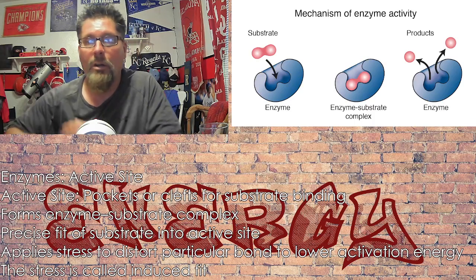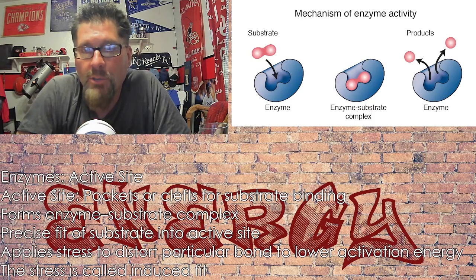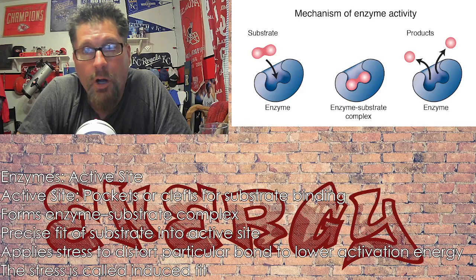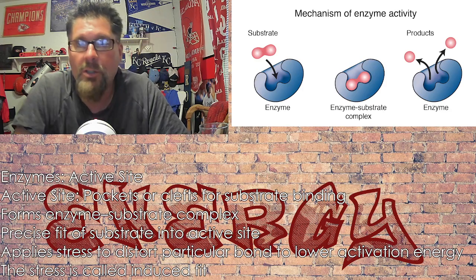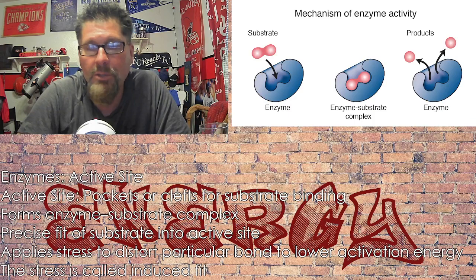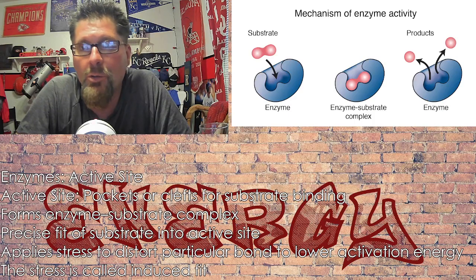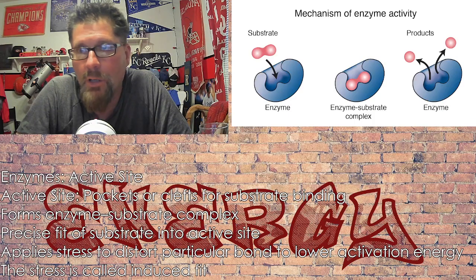And again, the enzyme could work on the individual parts, but for the most part it works on the bond. So I take this disaccharide perhaps and make it into two monosaccharides.